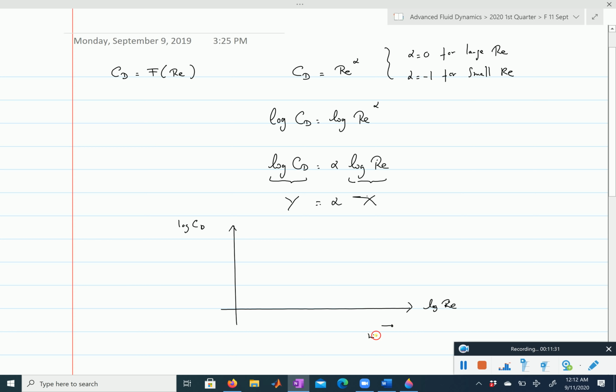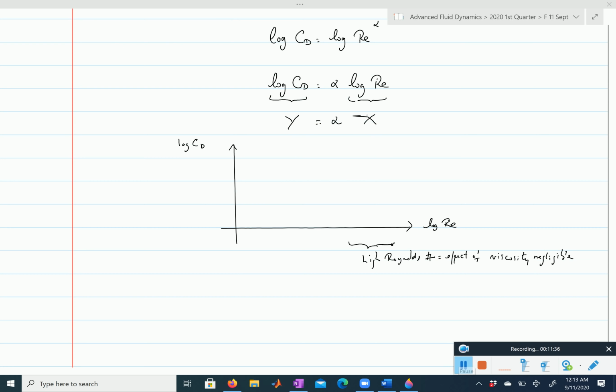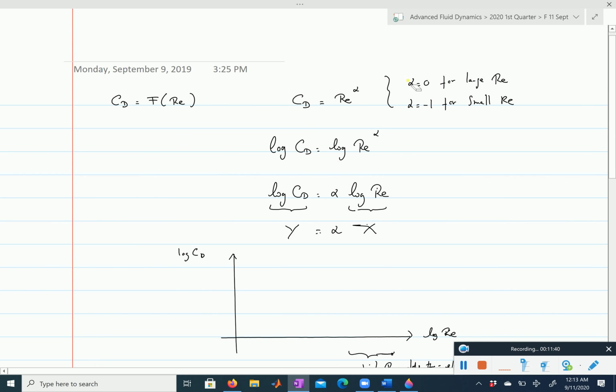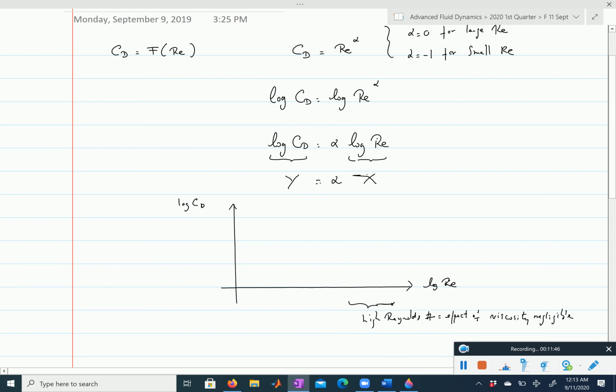So at high Reynolds number, when the effect of viscosity are negligible, well then we expect, for large Reynolds number, alpha is equal to 0, right? So we expect the log of CD to be equal to a constant. The slope of a line is 0.